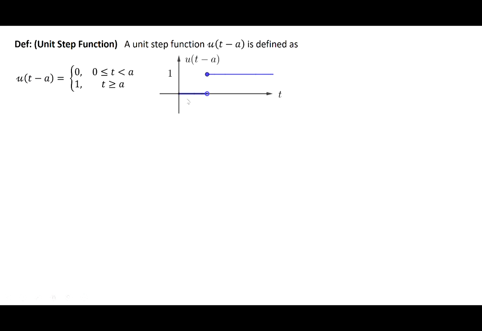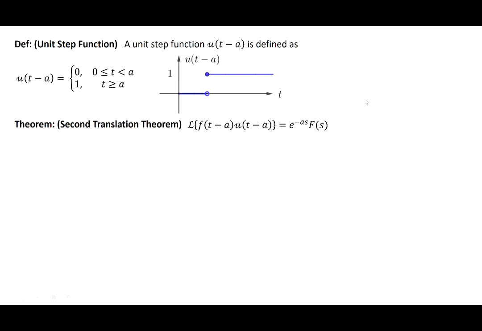This function will have a value of 0, but at a itself, starting at a, it has a value of 1. It's kind of like flipping a switch on. Like if you think of a DC circuit, the moment you flip a switch on, a constant amount of current is flowing, then this represents something like that. Okay? All right.